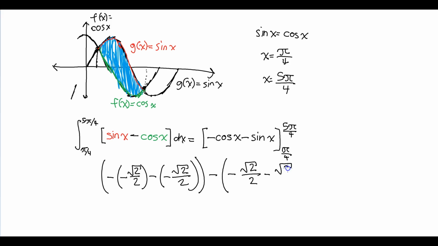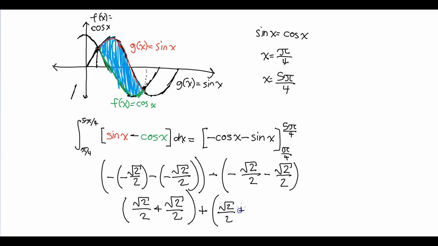So you have a lot of negatives. So we're going to try to simplify this to get our answer. So this is root 2 over 2 plus root 2 over 2 minus, so we can distribute this negative sign and turn it into a plus root 2 over 2 plus root 2 over 2.